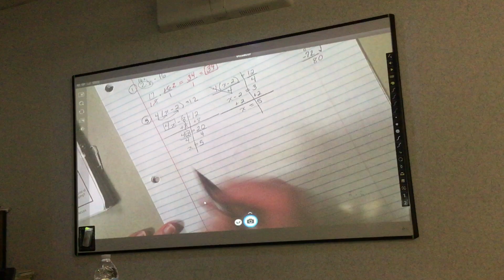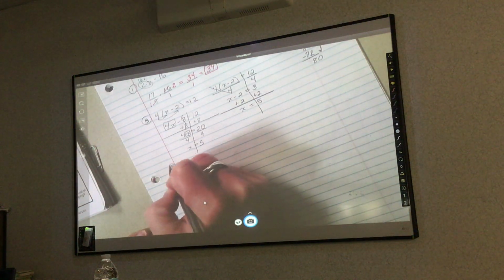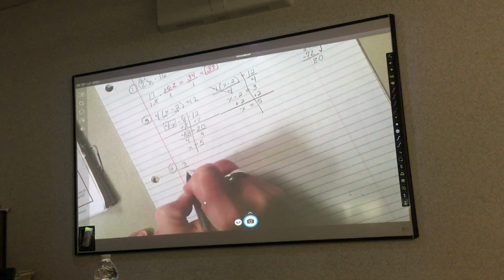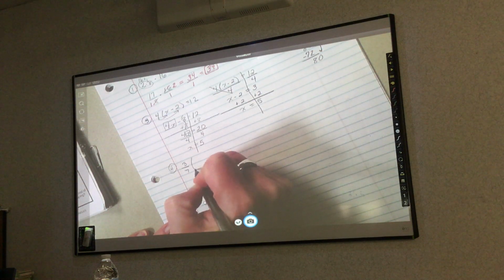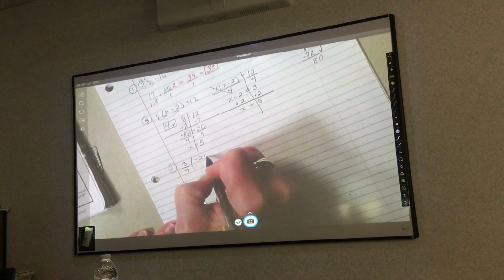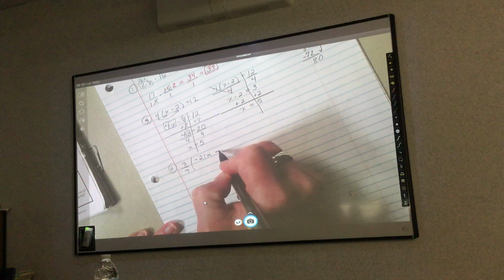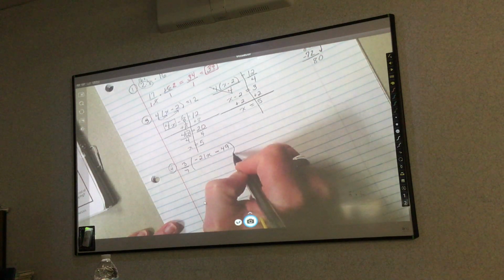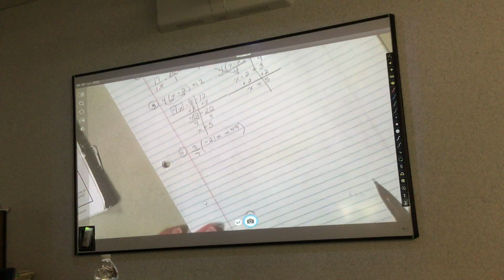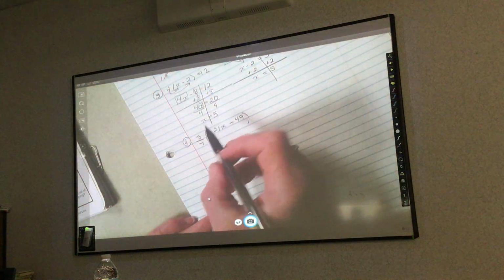Number 4, you have to do the expand or distributive property, because it says to expand the problem. That means I need to do the distributive property.